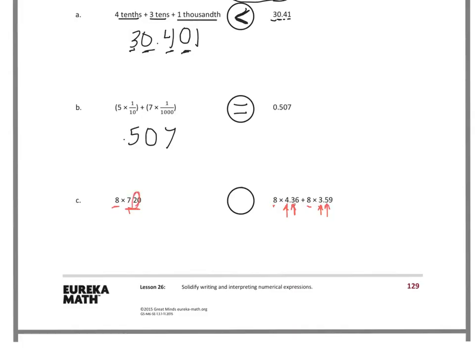Because I had 3/10 and 5/10, that makes 8/10. So I already know this one's going to be greater because it has a higher value for this number, the 4 and 3600ths and the 3 and 5900ths. If I put those two together, they're going to be more than my 7 and 20 hundredths. So that's how I'm figuring that one out.